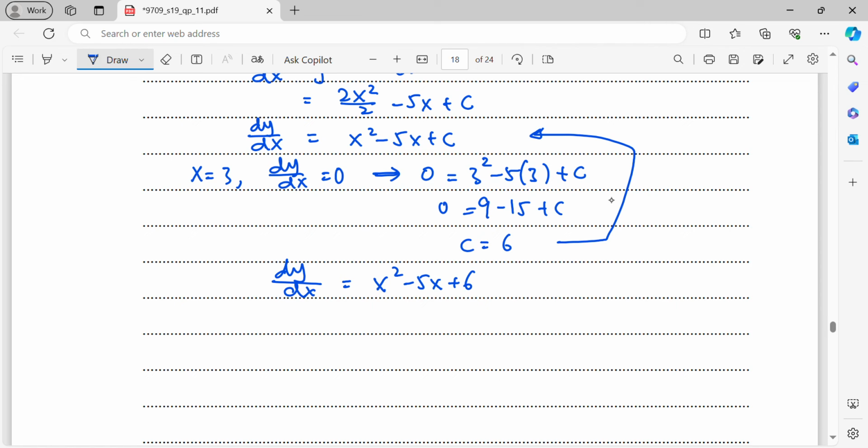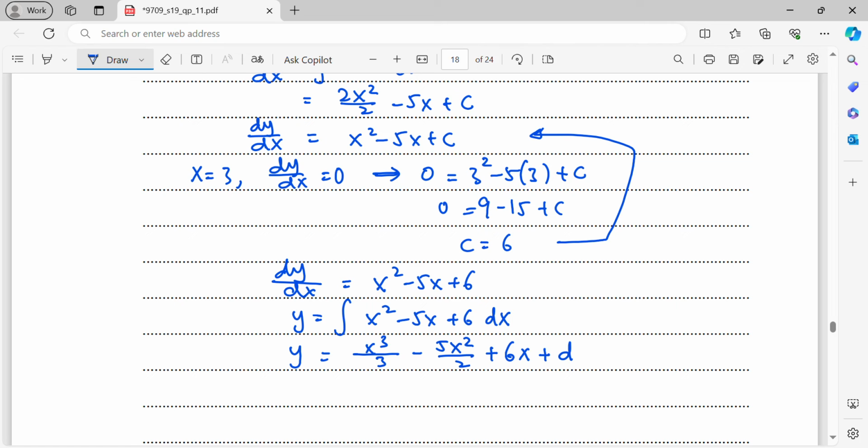Now to get the y, you need to integrate these three terms. Again, use the same method, add 1 to the power of x and divide by the new power. So you get x cubed over 3 minus 5x squared over 2 plus 6x. Supposedly we add c, but we already used c, so here I use d.